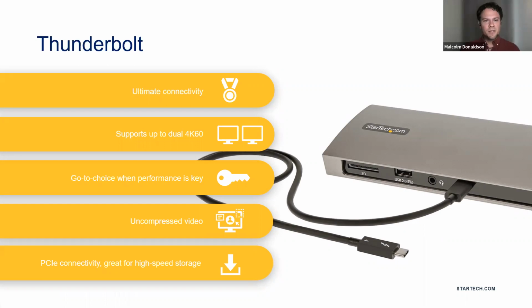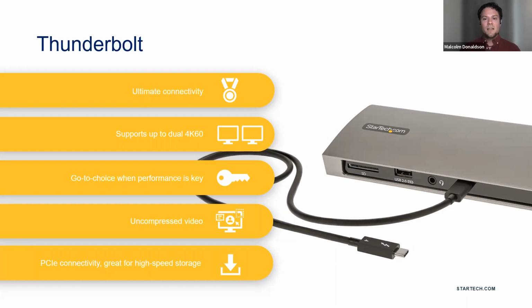Sure. So Thunderbolt is really the ultimate in connectivity when it comes to connecting external displays and even other peripherals. And when it's connected to a Thunderbolt 3 or Thunderbolt 4 laptop that supports those dual external monitors, it can support up to dual 4K 60 directly right from the laptop's GPU.